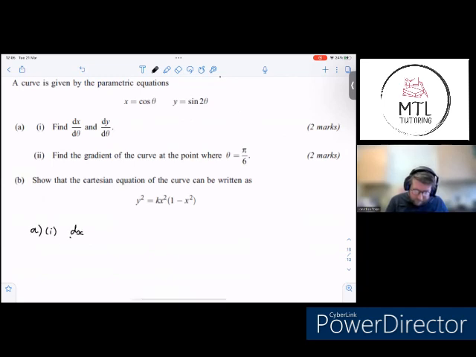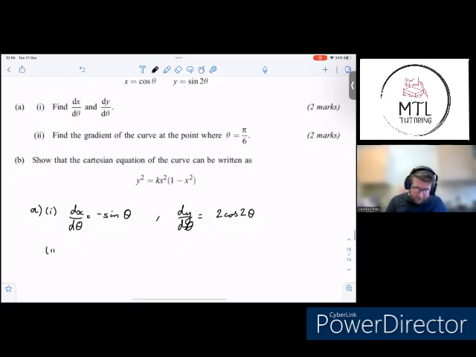So dx by d theta is just minus sine theta, and dy by d theta, oops, is 2 cos 2 theta. Part 2, find the gradient when theta equals pi over 6.